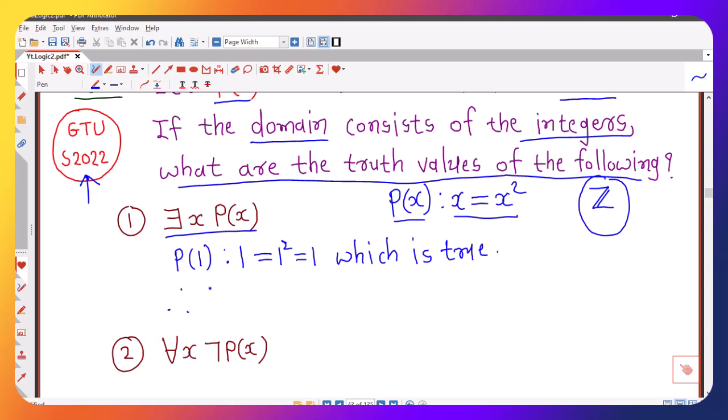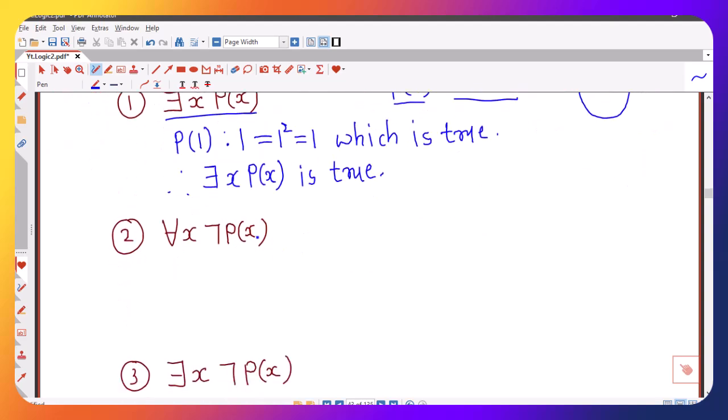So therefore this is also true. Therefore there exists x such that p(x) is true, because there is x equal to 1 in the domain such that it is true.